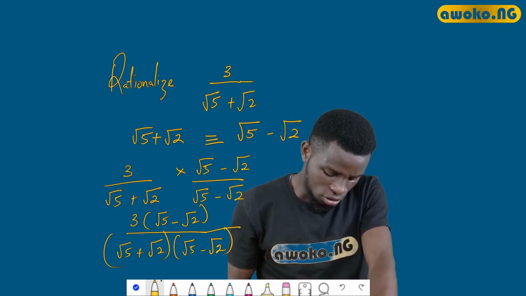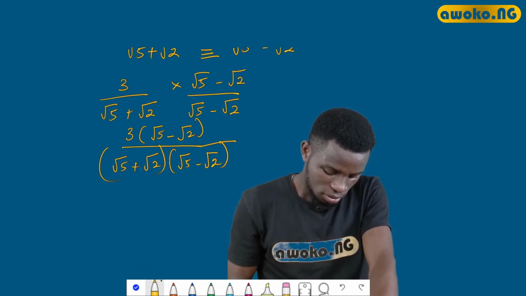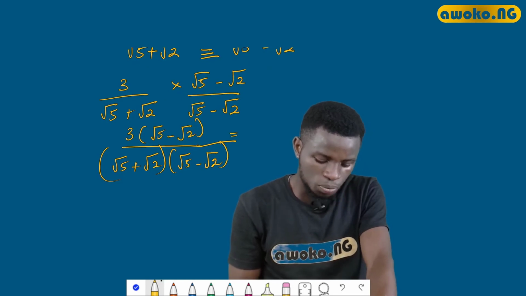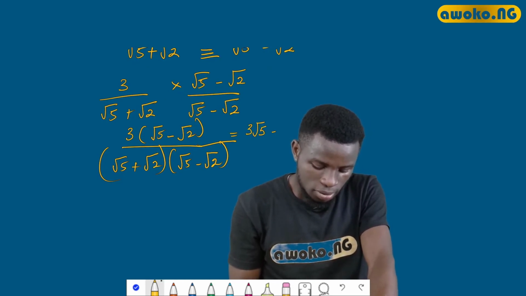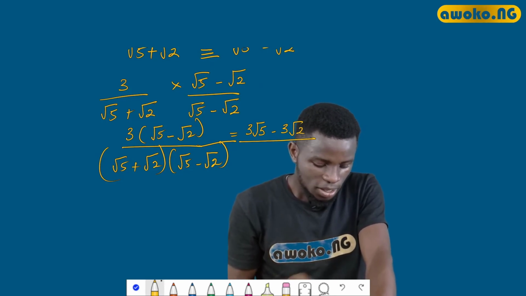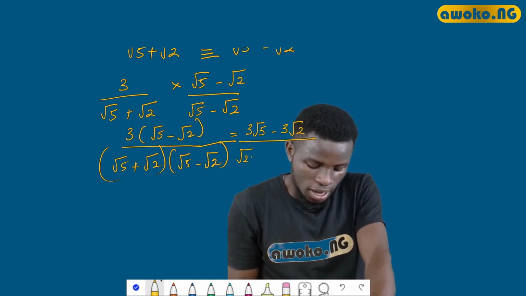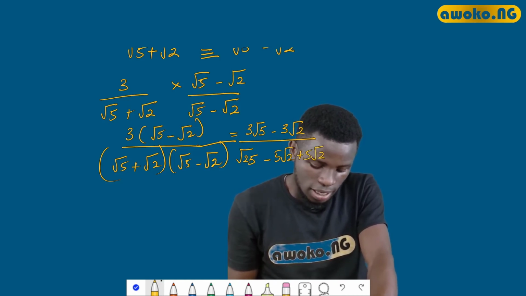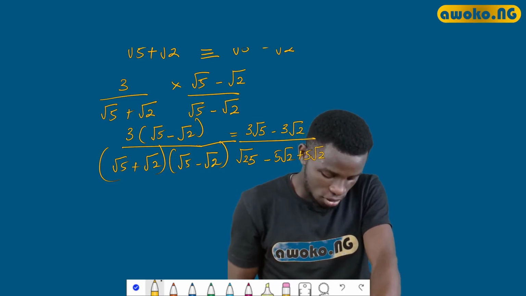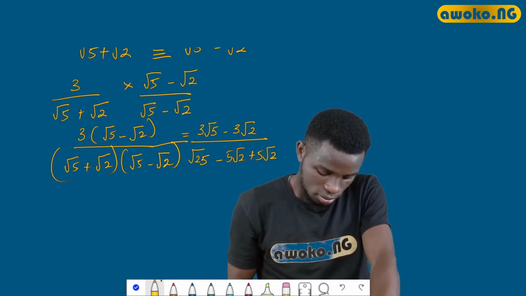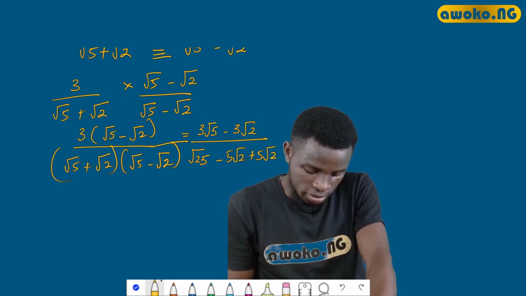Now, doing that, we have this equal to 3 root 5 minus 3 root 2 all over, to do this, we have square root of 25 minus 5 root 2 plus 5 root 2, then minus square root of 4.